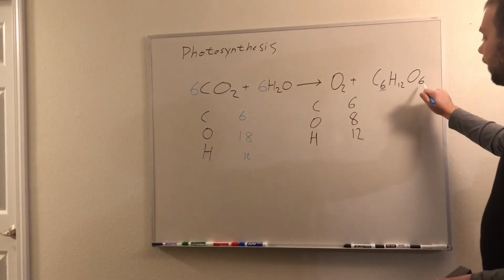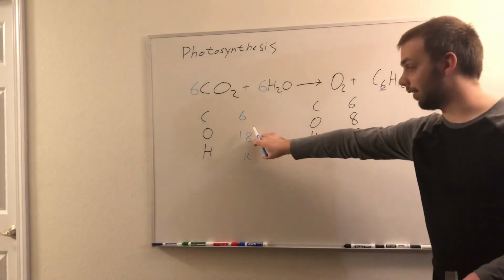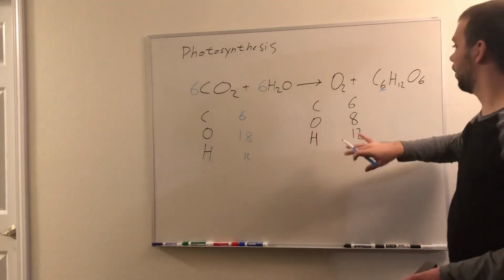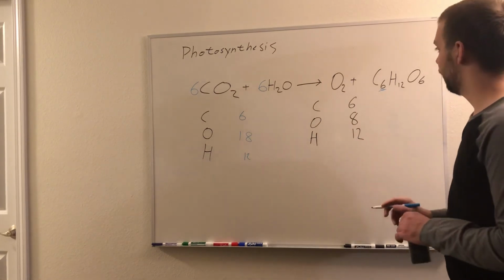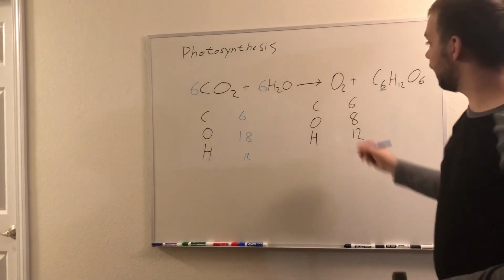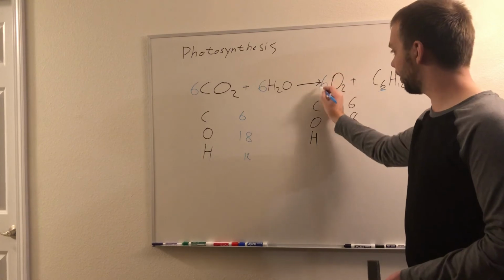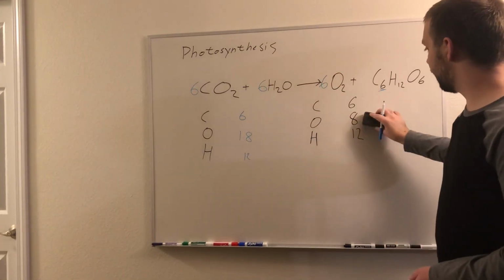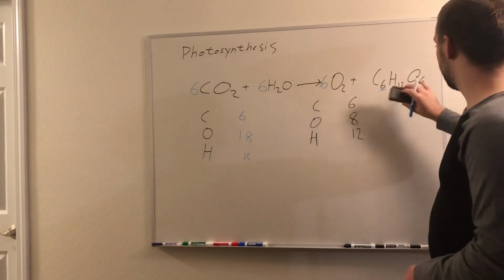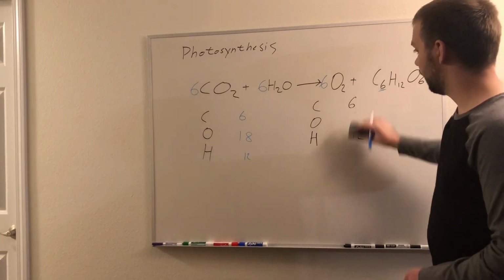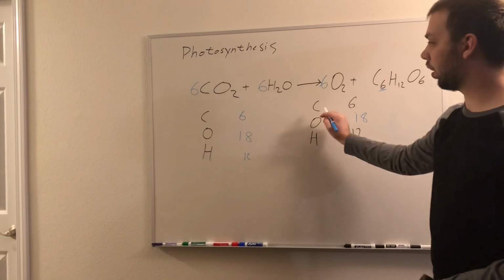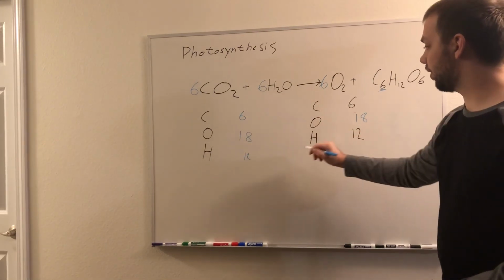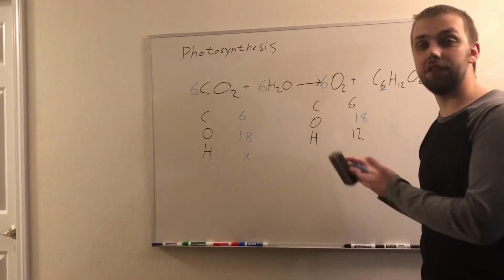Well, we have 6, and we want to get to 18 so they're balanced. So if this equaled 12, that would be great. Well, we can make it equal 12 pretty easily by multiplying by 6. So then 12 plus 6 is 18. Now we have 6 carbons, 18 oxygens, and 12 hydrogens. So now this is a balanced reaction.